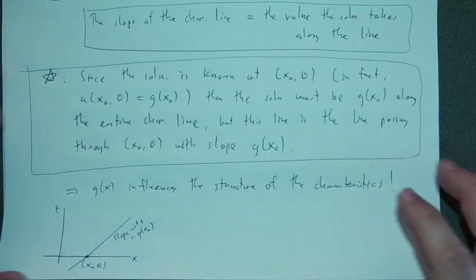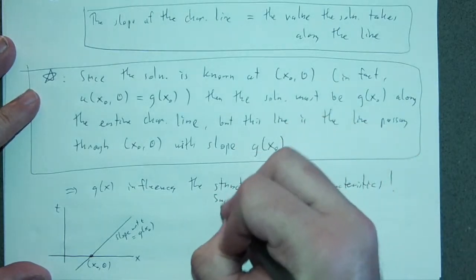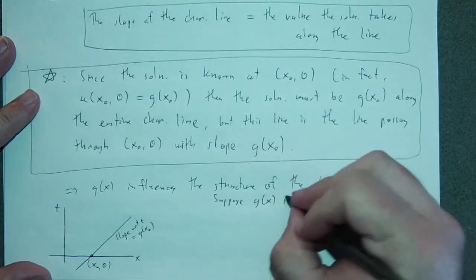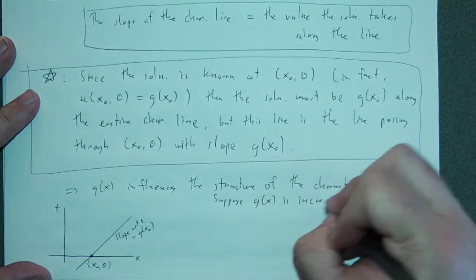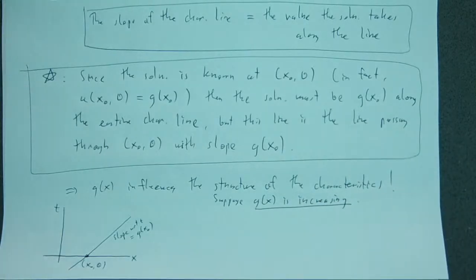So what would this look like for different g? Suppose g of x is an increasing function of x.